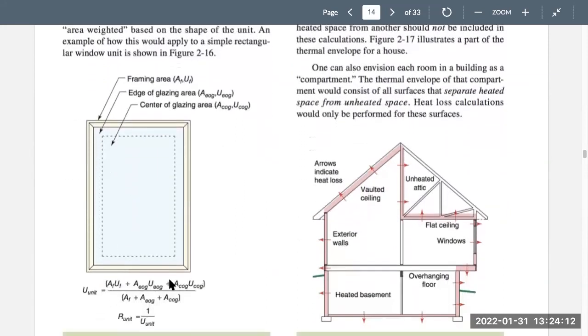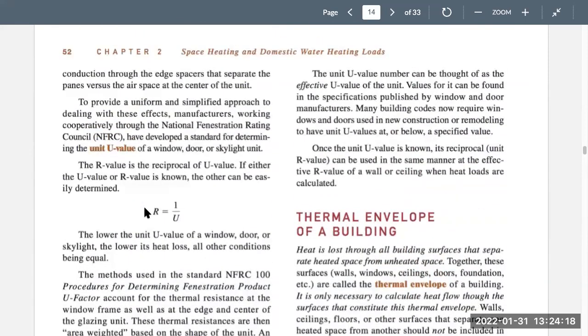We're not going to learn this calculation here because you can easily find the U value. And the R value of a window is the reciprocal of the U value. So if you know the U value, all you have to do is take 1 divided by the U value, and you've converted the U value into an R value. And now we can add it to all the rest of our R values.